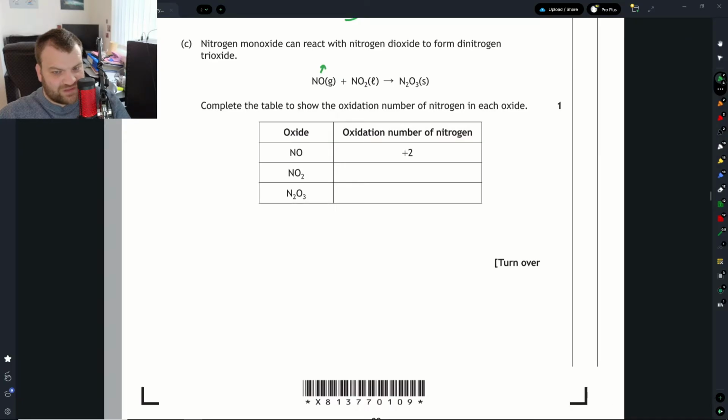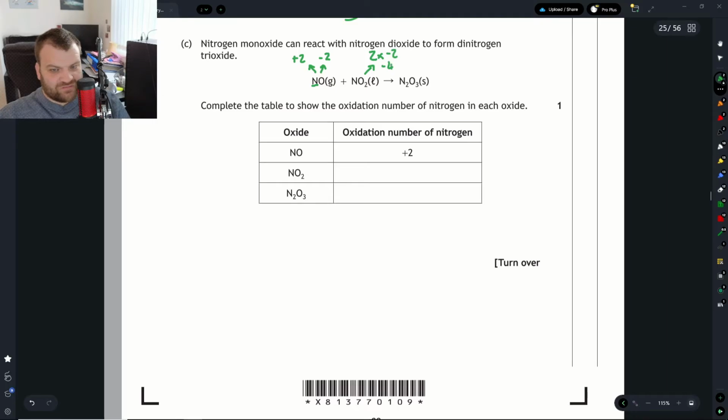It would gain 2 electrons and have an oxidation number of -2. That means in this first one, we have to have a +2 charge on the nitrogen, because then they balance out and we have a neutral overall compound. Next, we've got oxygen again, but this time we've got 2 of them. So it's going to be 2 times -2.